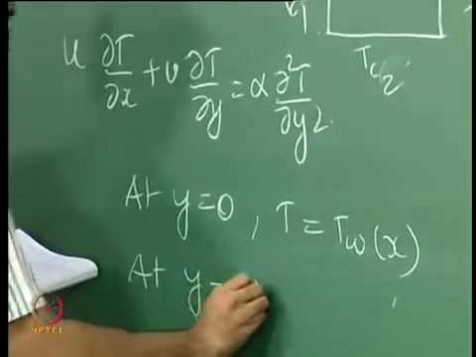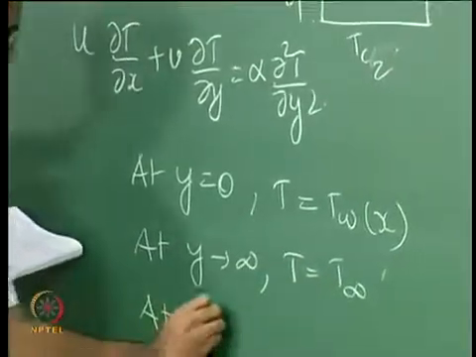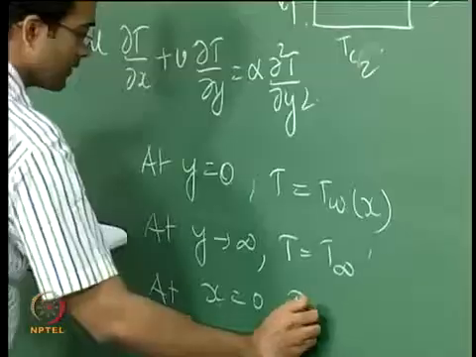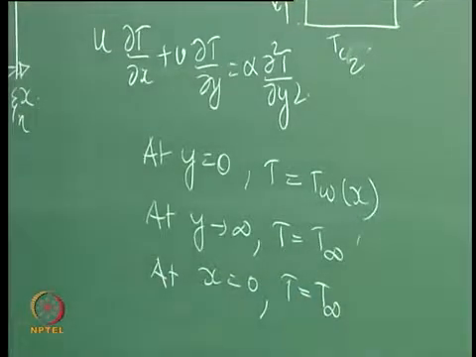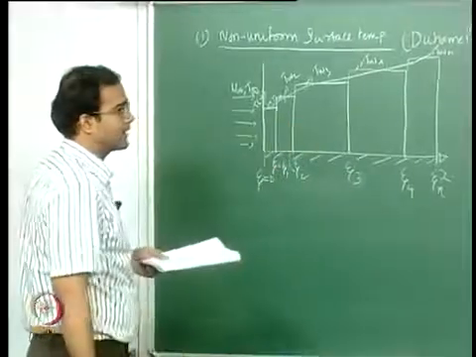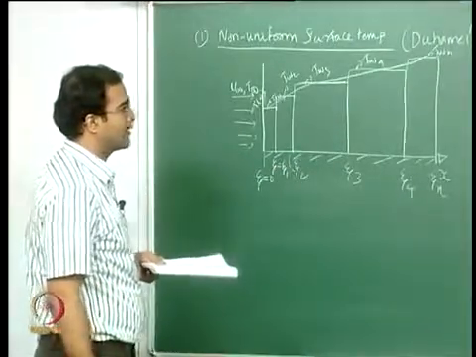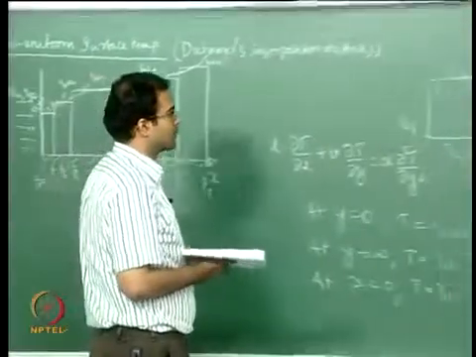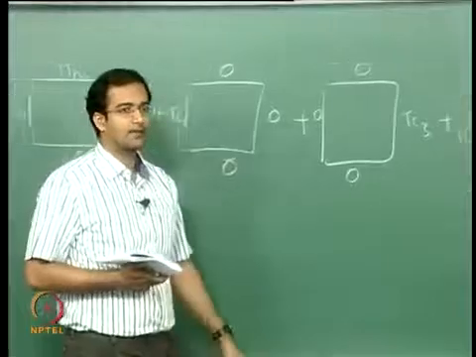As y goes to infinity, T is equal to T infinity, and at x equal to 0. Now, following an analogy similar to the conduction problem, where the partial differential equation is also linear, you can convert the problem into 4 equivalent problems with convenient boundary conditions.